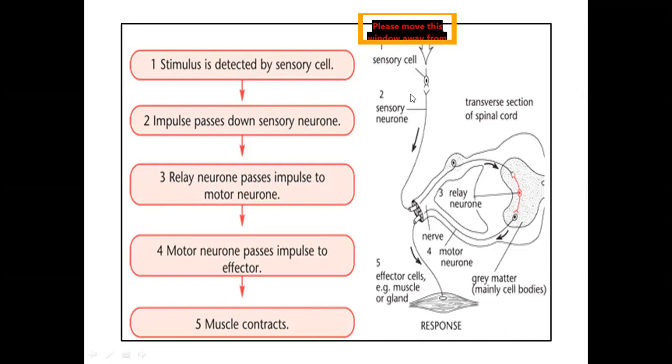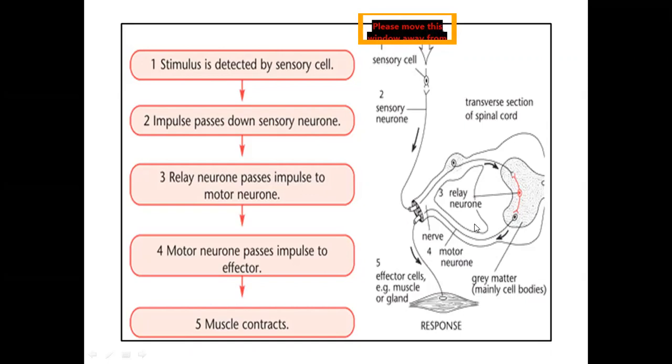Then it goes where? I'm showing this with the cursor on the right hand side with the help of my mouse: by means of the sensory neuron, it goes to the spinal cord. Then there is the association neuron or the interneuron that relays the impulse from the sensory neuron to the motor neuron.